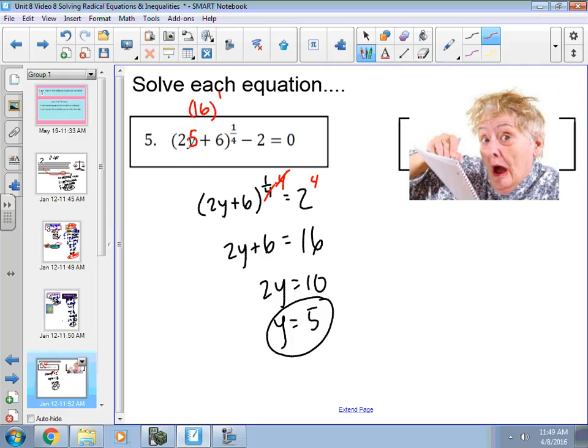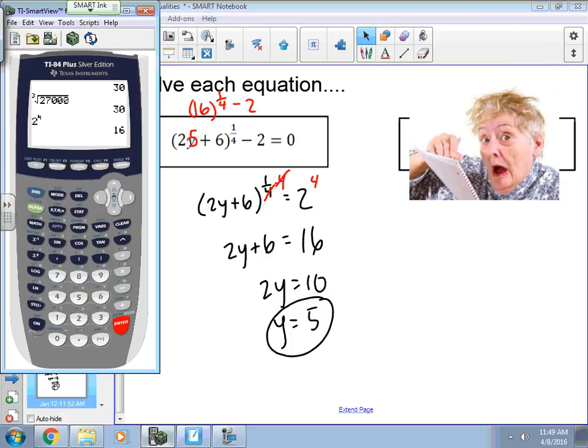So if we do 16 to the 1/4 power, minus 2, does it equal 0? Let's double check on our calculator. 16 to the 1/4 power, minus 2. Does that equal 0? Yep, the answer checks out. 5 is the answer.